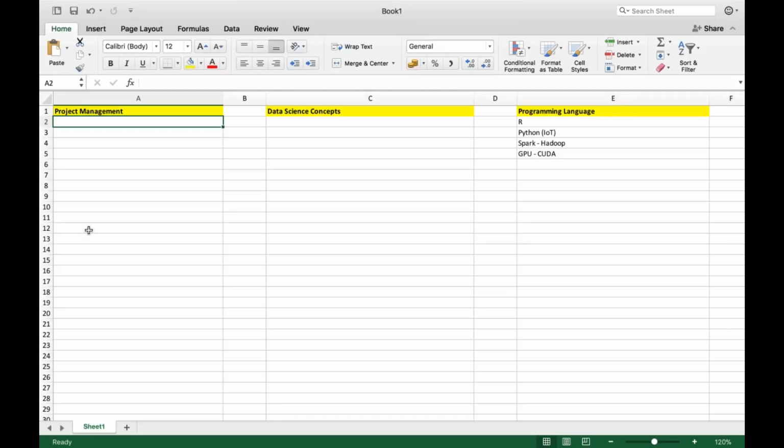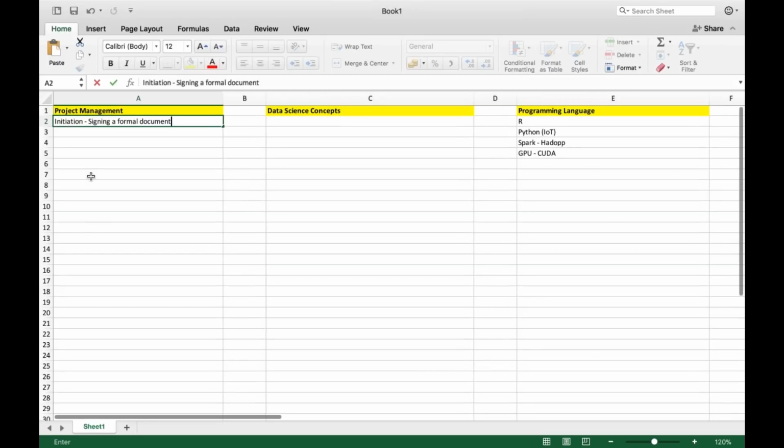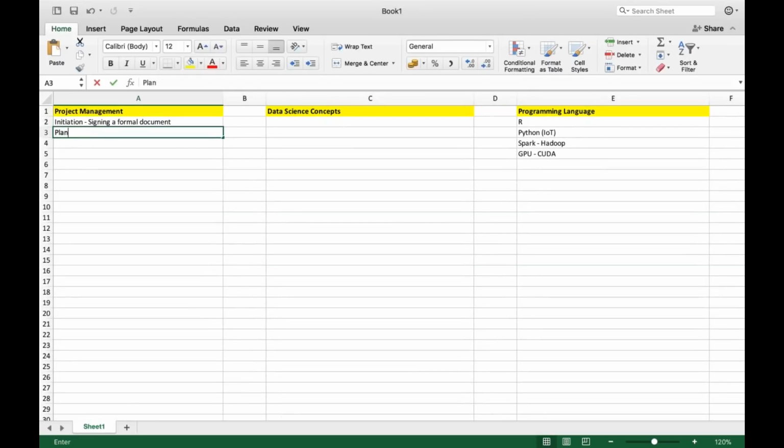So typically what happens in any project, you do the initiation, that is you start the project. How? By signing a formal document. You sign a formal document and then get started on the project. Once the customer approves that you can go ahead with the project, you do some amount of planning and you execute the work based on the plan.